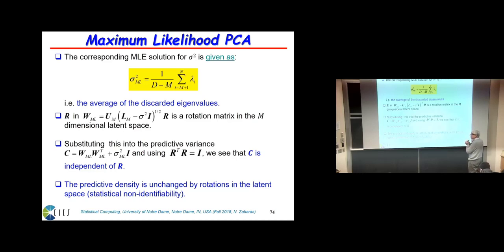So it's the average of the disregarded eigenvalues. If you think of eigenvalues as the variance in each direction, it's the variance that you lose when you project into m dimensions.